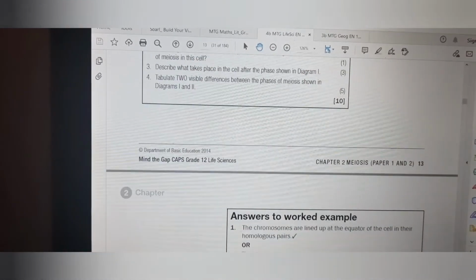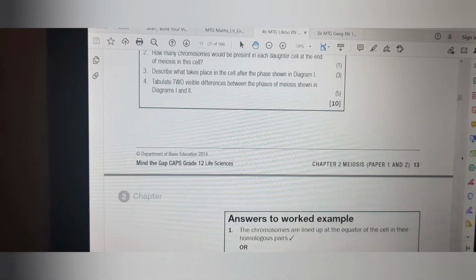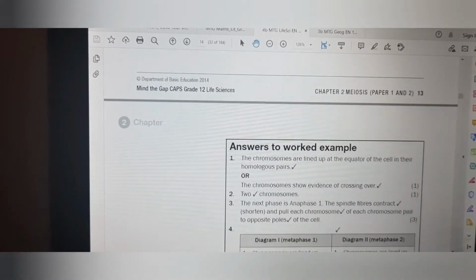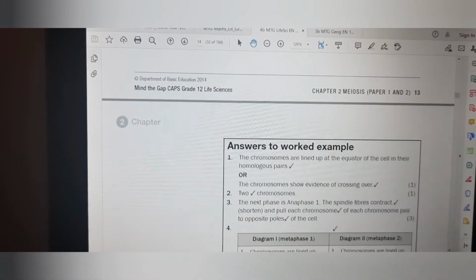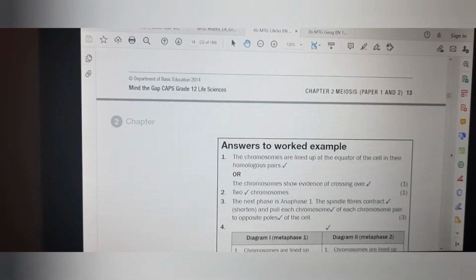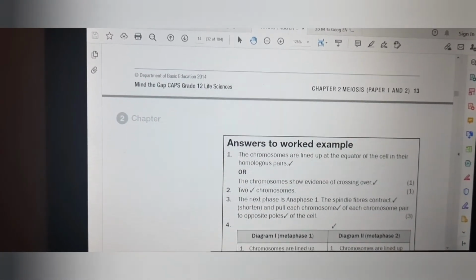Let's go to question 3. Describe what takes place in the cell after the phase shown in diagram 1. The next phase is anaphase. The spindle fibers contract, shorten and pull each chromosome off each chromosome pair to the opposite poles of the cell.